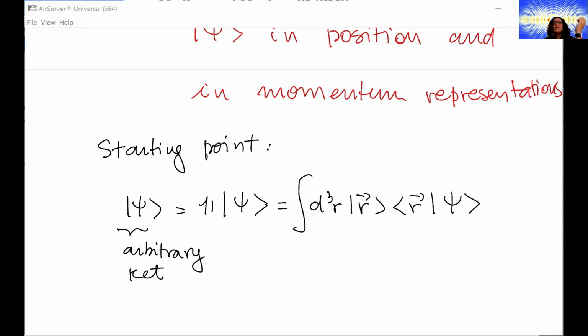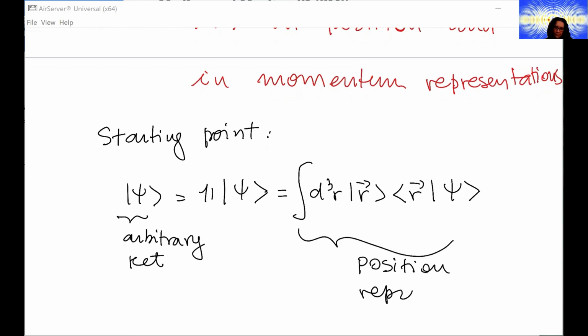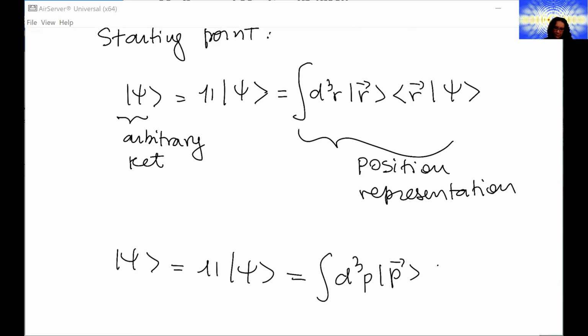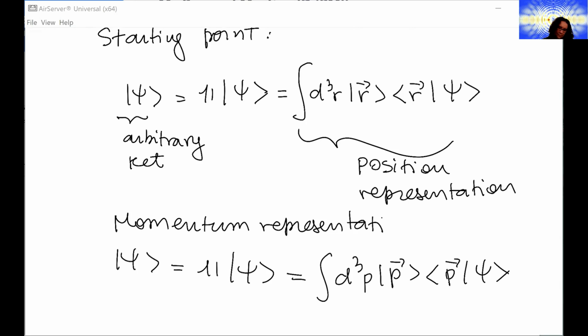Correct? Yes. And so this is position. And if you want to write this in momentum representation, you have again, but now you use this closure relation. So this is in momentum representation.